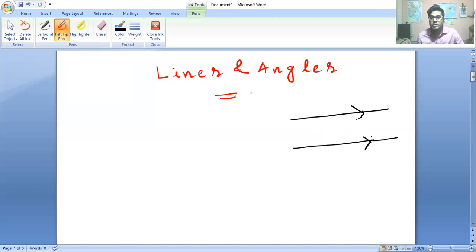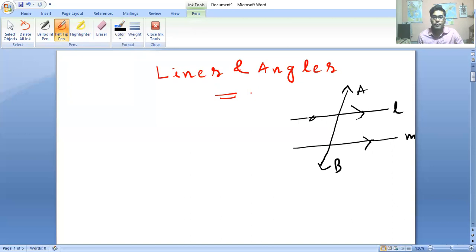Okay, so if these two lines are parallel and this is an intersector, suppose this is L and this is M, this is parallel, and suppose line AB is an intersector.